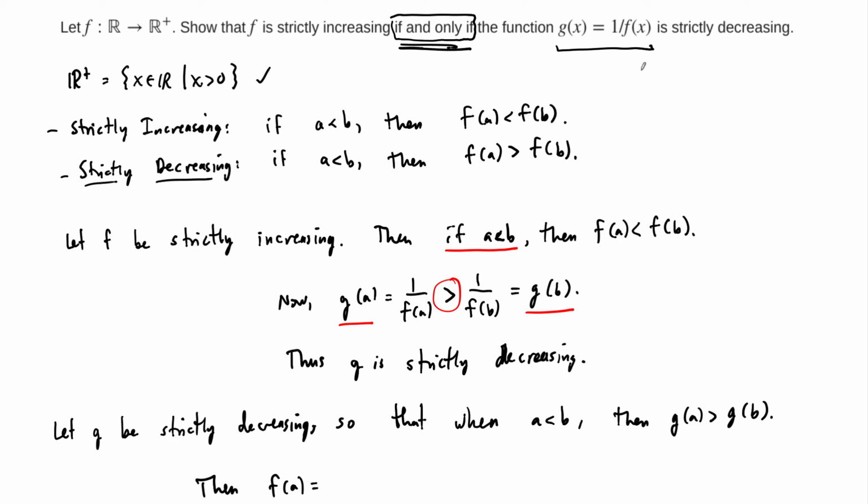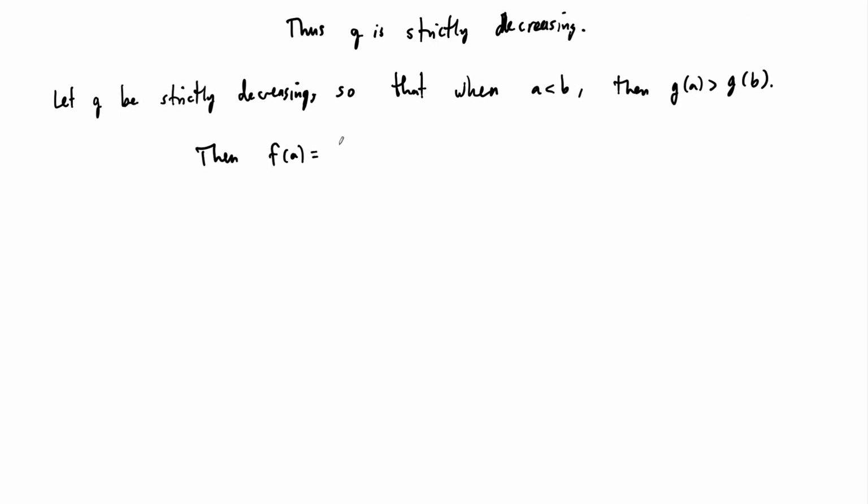The function g takes in all real numbers, because you can plug them into f, and it gives back positive real numbers as well. So it has the same domain and codomain as f. So what does that mean? Well, f of a must be equal to 1 over g of a, and the argument is exactly the same now.